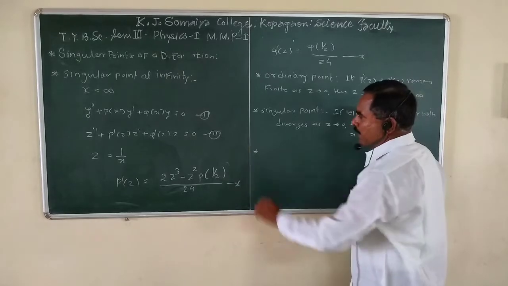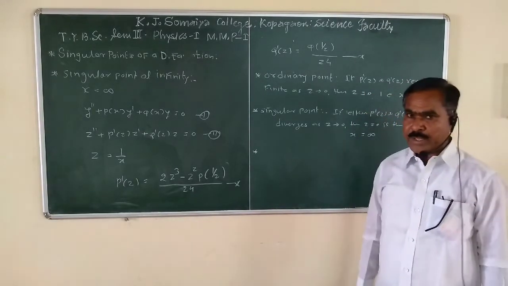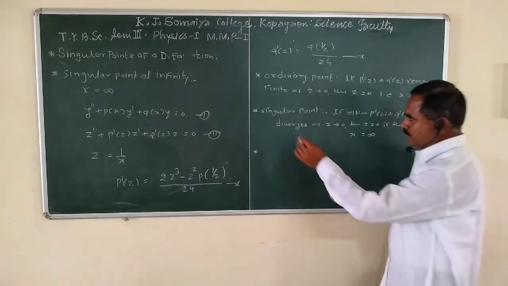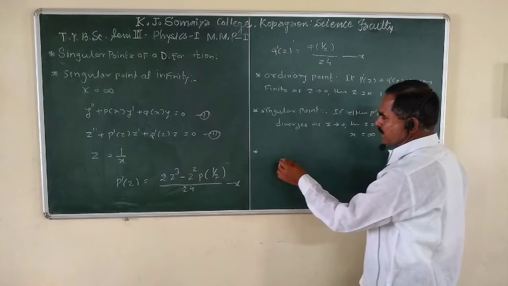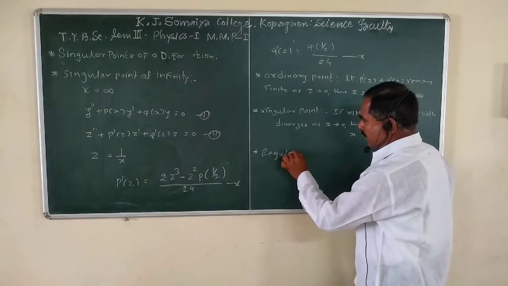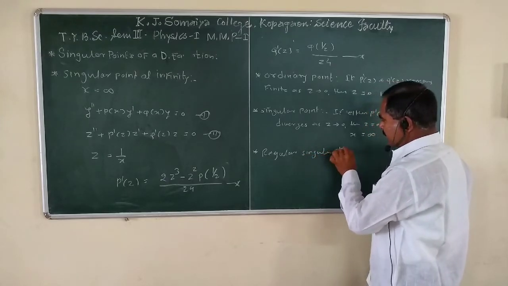Then again, there are two types of singularity. First is regular singular and second one is irregular singular. So similarly, we can define this regular singular point.